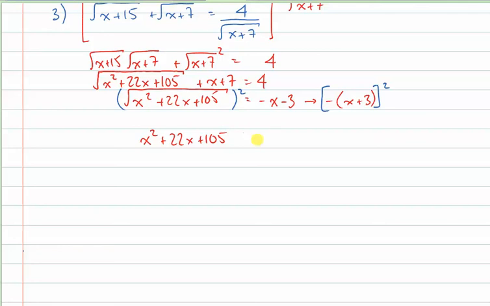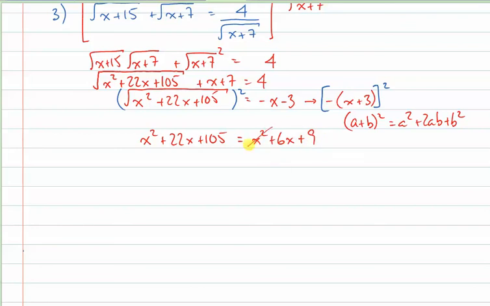There's the square of the square root, just the contents of the radical. A square of a negative sign is going to be positive. This is a binomial square. Hopefully you remember that (a plus b) squared has that expansion pattern. So I'm going to write x squared plus 6x, which is 2 times x times 3, and 9.